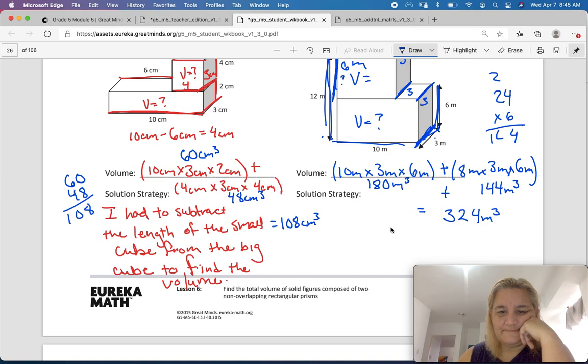Okay. So what was my solution strategy? I had to add the cubes, add the volume of the cubes.